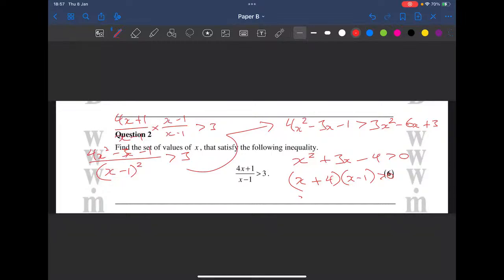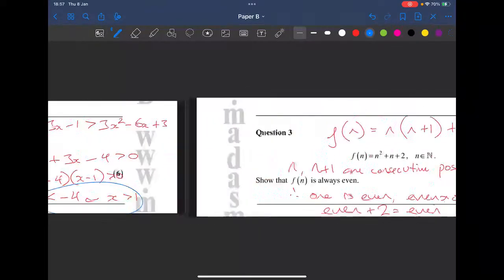So when is a quadratic positive? Outside the 2 roots, when it's a positive quadratic. So here we end up with either x is less than minus 4 or x is bigger than 1. Lovely jubbly.